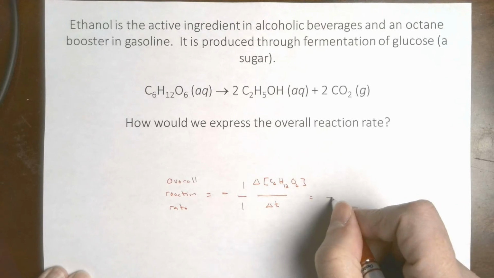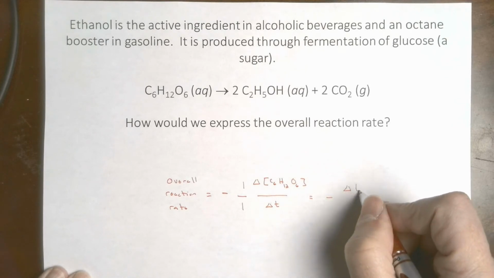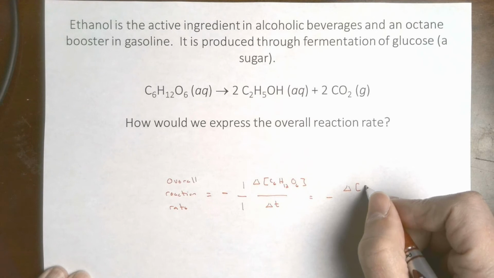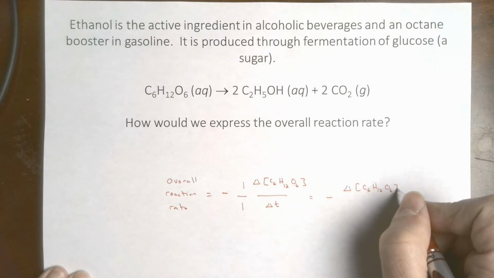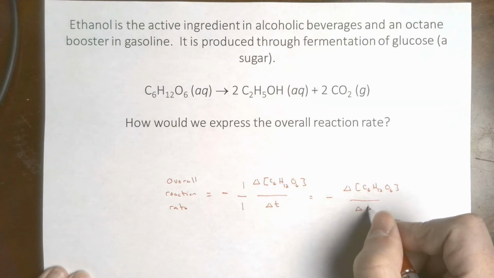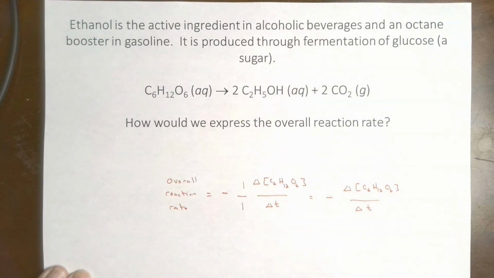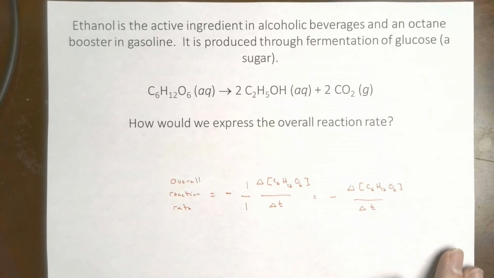Written more cleanly, it would be negative the change in the concentration of C6H12O6 over the change in time. And that would normally be what we'd consider the overall reaction rate. I just want you to be familiar with that terminology and how to find it if it comes up.